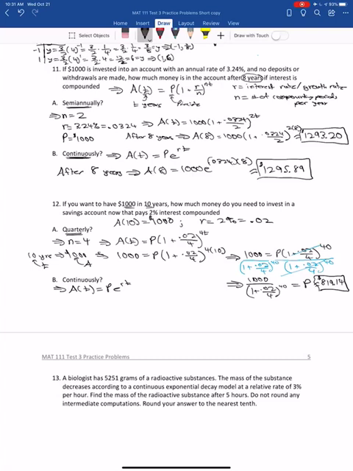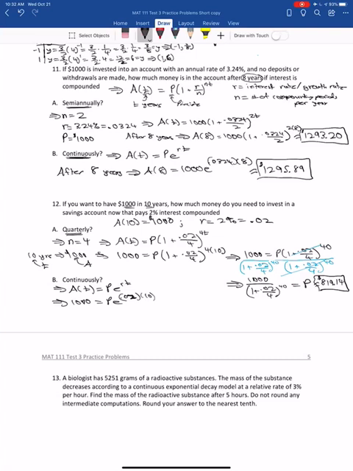So again, that's when we're doing it continuously. Now, as we're looking at the amount of money in 10 years, that would be $1,000 equal to our principal, which we don't know, we're trying to find based off compounded continuously. R, we got 0.02 times t. Well, t is 10. So let's go ahead and plug 10 in.